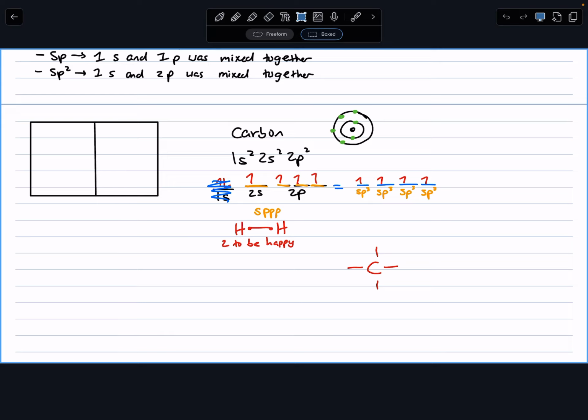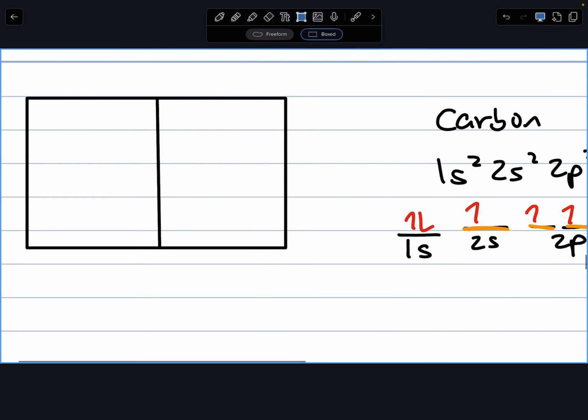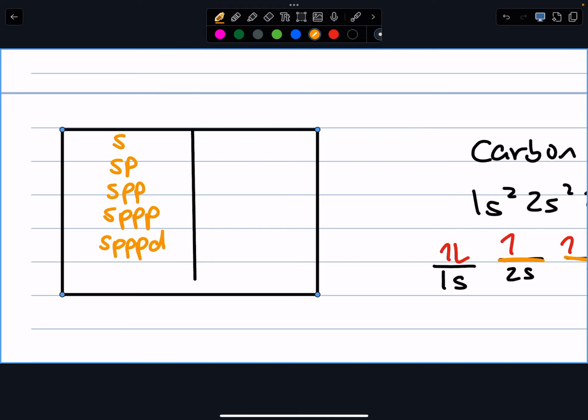Okay, so I'm going to move this over here for a second, and now I'm going to go back to my table. So again, there's only 1 s, right? How many p's? 3 p's. So I keep adding every time. After the 3 p's, what is there? D. If I added another 1, what would it be?